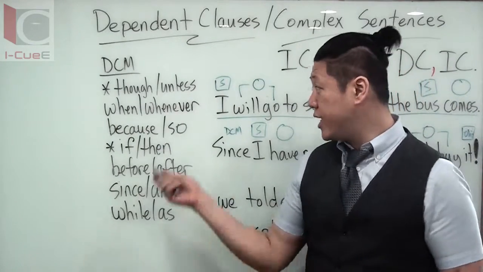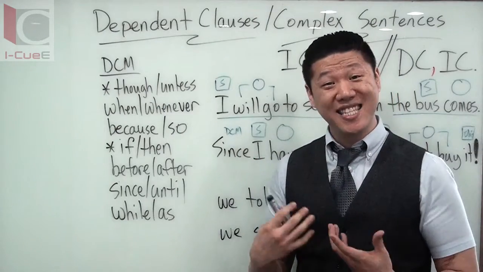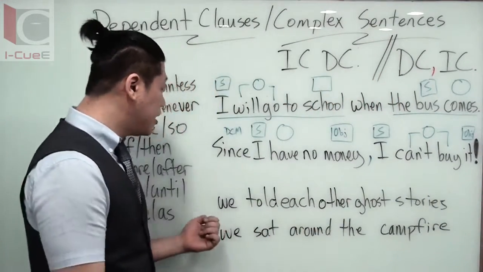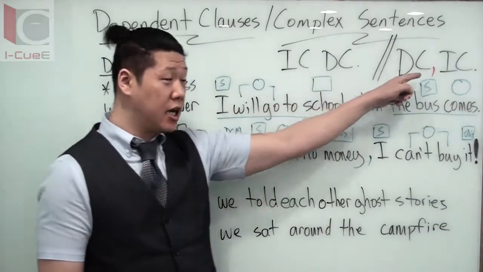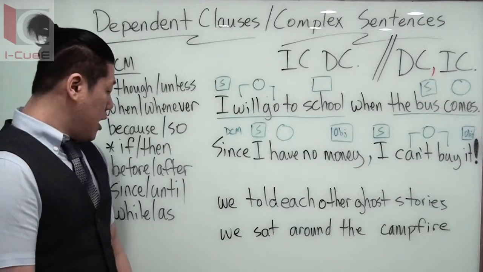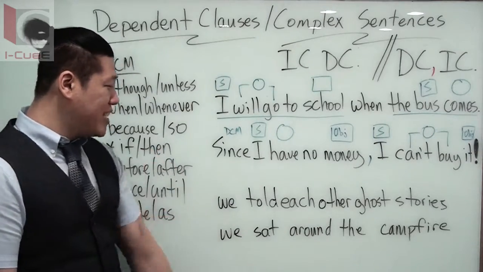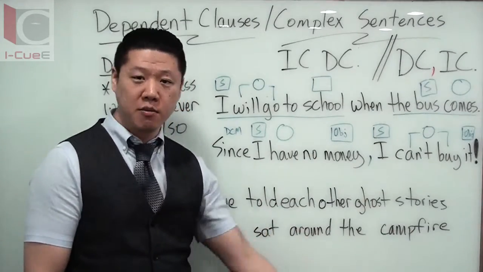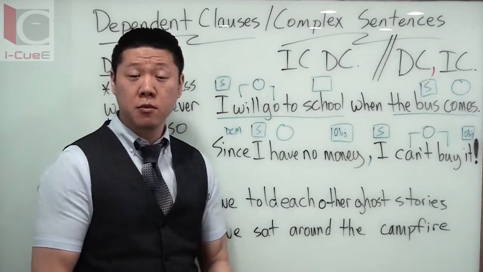Take out the while, take out the DCM, it's an independent clause. So if you want to put this together, I could start with a DC, comma, IC, which means I need one of these words. So, while we told each other ghost stories, comma, we sat around the campfire, punctuation. I'll use a period.